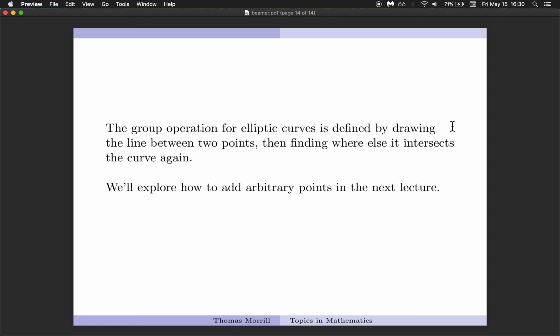Please, for today, make sure that you have your brain wrapped around the point at infinity and this idea about intersecting lines with an elliptic curve in order to do our group operation. We'll continue developing this material next week before we get on to actually making this useful in a cryptography setting.